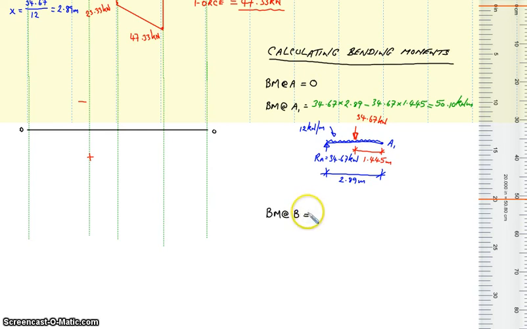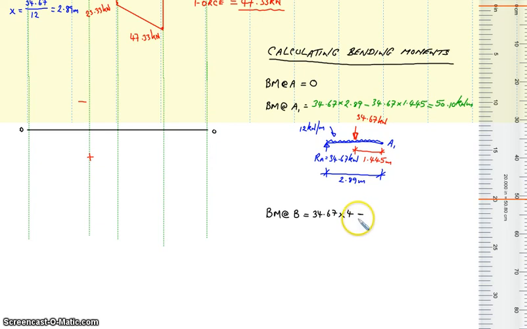So in the calculation of the bending moment at B, we see that we have clockwise, again, the reaction at A, which was 34.67, multiplied this time by 4 meters because it is 4 meters away from point B. There are no other clockwise, so we then consider anti-clockwise, and I put a minus sign in because we consider anti-clockwise to be negative.